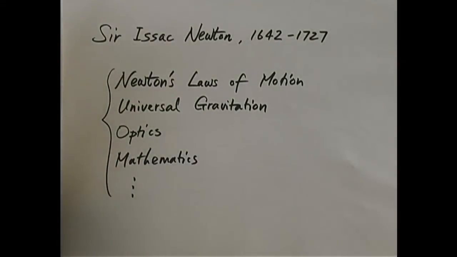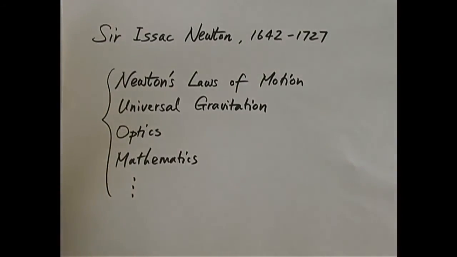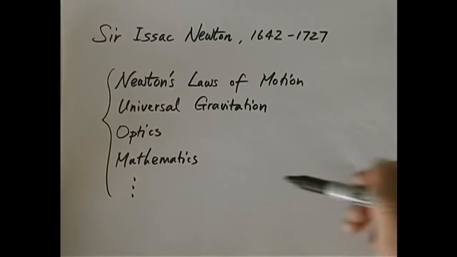But his contribution went far beyond mechanics. In fact, he also was monumental to the understanding of the nature of light, to optics. He, for example, used a prism to separate different colors of light from the sun. Along with his great contribution to physics, he was also a great mathematician.